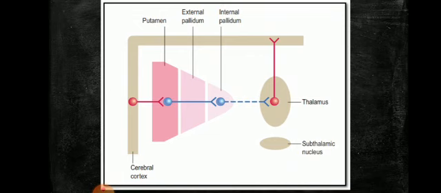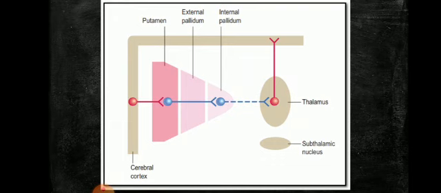This excitatory neurotransmitter acted on the pallidal pathway, where you can see the neurons ending at the globus pallidus internus, which released GABA, an inhibitory neurotransmitter. The next set of neurons arises from the globus pallidus internus to the thalamus, marked in the dotted line.